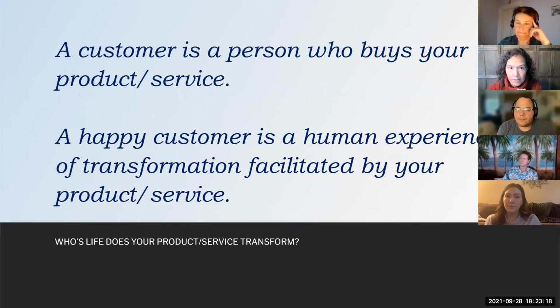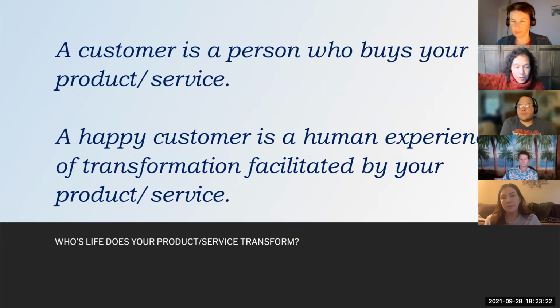Yes. Okay. So just like we have a wide world of websites, we also have a wide world of people. Not everybody is a customer. A customer is specifically a person who buys your product or service. And a happy customer represents a human experience of transformation that's facilitated by your product or service.